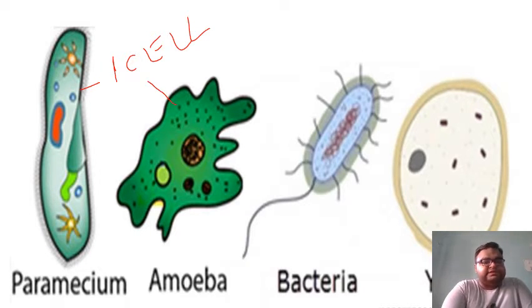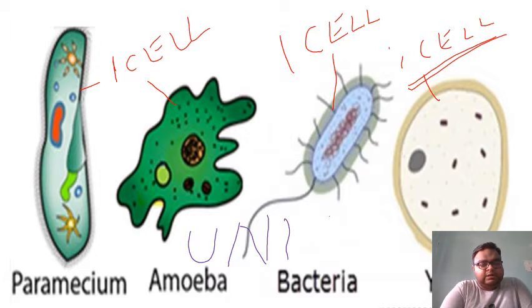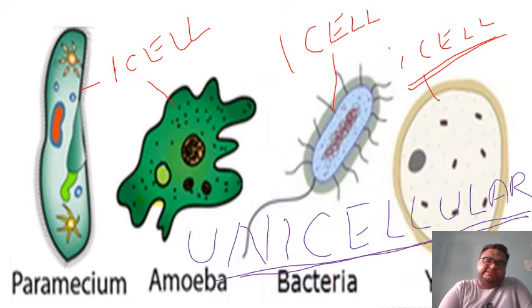This bacteria is also made up of one cell, and this yeast is also made up of one cell only. So we can say that these organisms are unicellular.